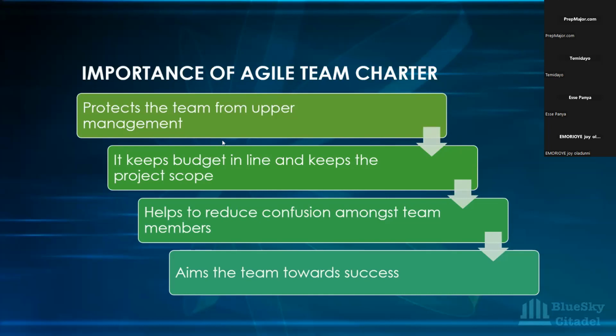They understand the team's vision and mission. It is a working agreement, and everybody is clear on what they need to do, and everything that needs to be done in that particular project is also really clear to everyone. And it aims the team towards success as well, because when you come together to have an agreement, you know that you already have an agreement, and that is what you follow through. It aims you towards success.